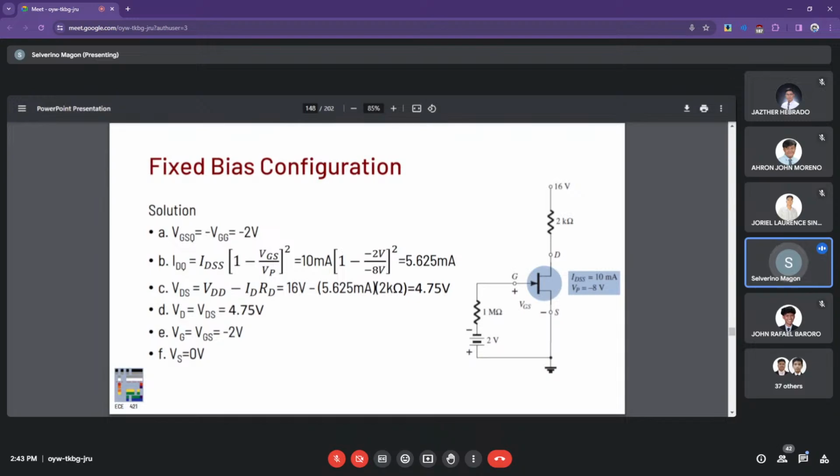The drain current can be obtained from Shockley's equation, considering the input at negative 2 volts, we can come up with the drain current.